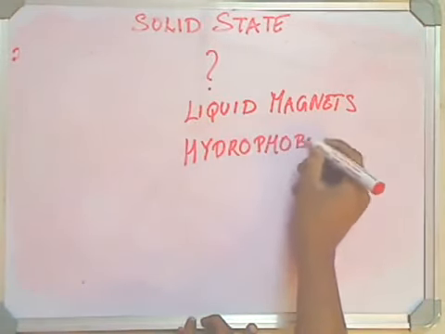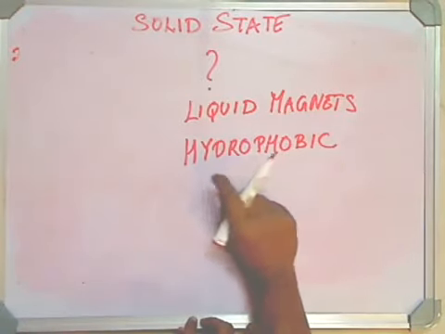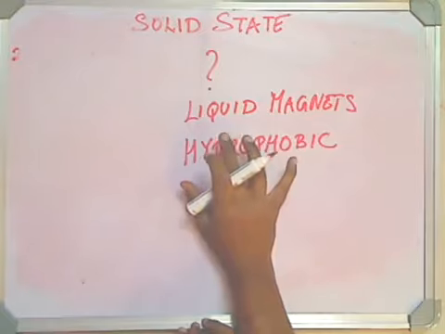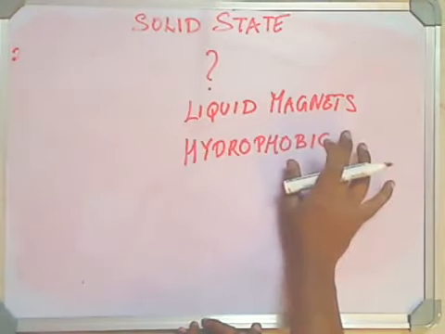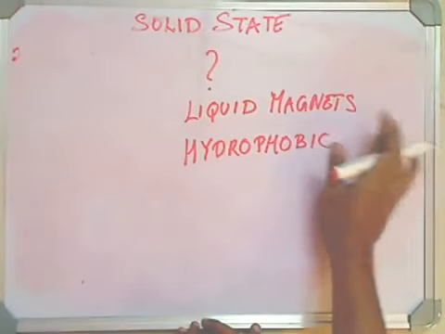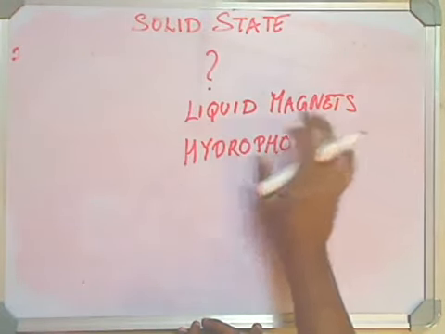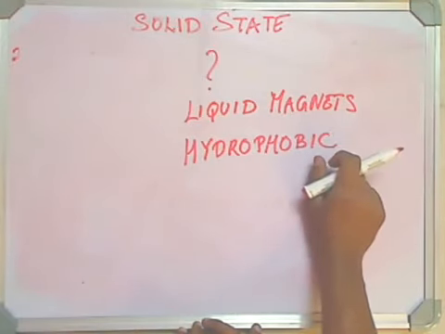Now, phobic or phobia here refers to fear. They've actually developed substances wherein if you spray a hydrophobic gel, let's say on this board, and I were to throw a bucket of water on this board, the water would just simply slide off. It doesn't stick anywhere, it doesn't get attached anywhere, it doesn't cause damage anywhere.